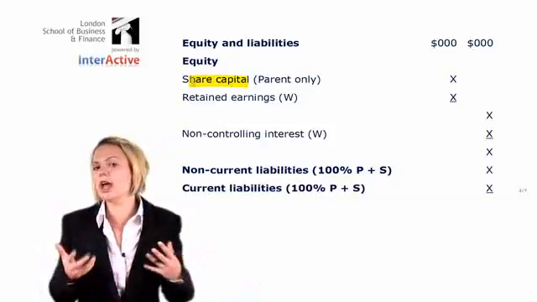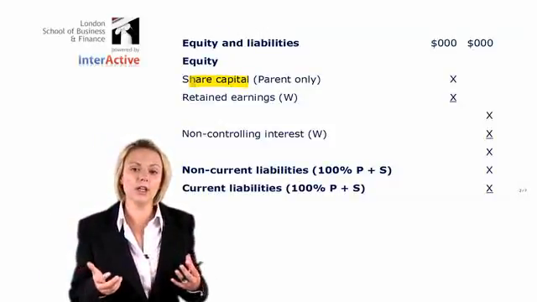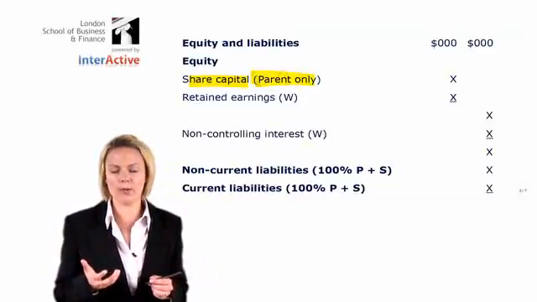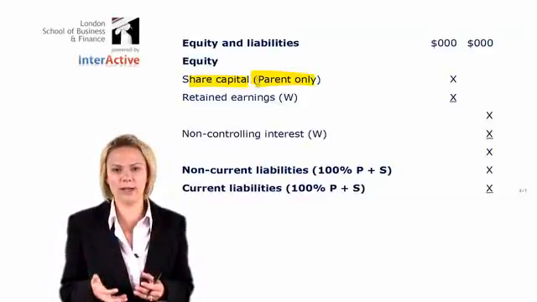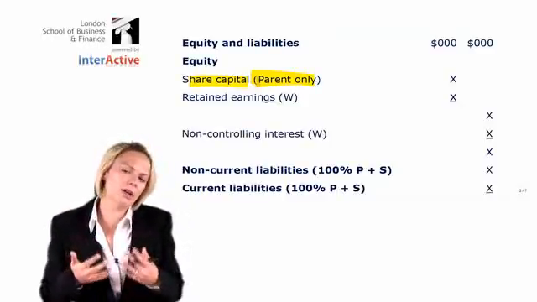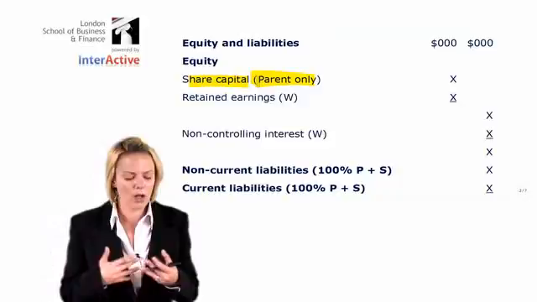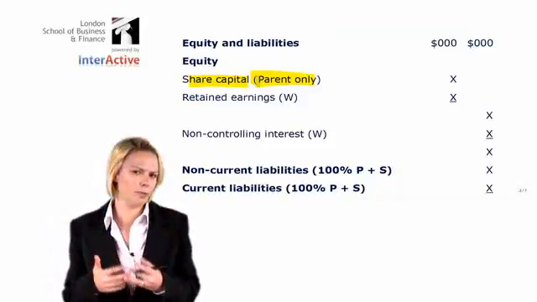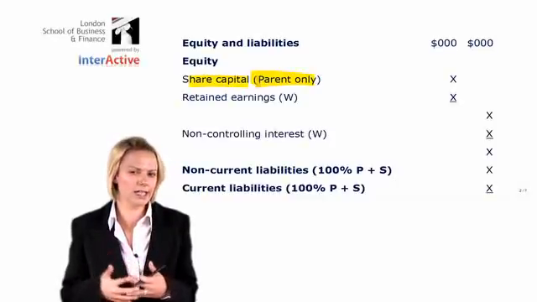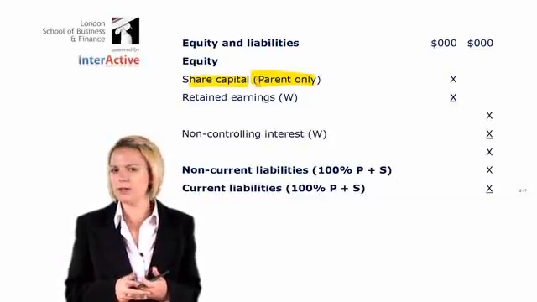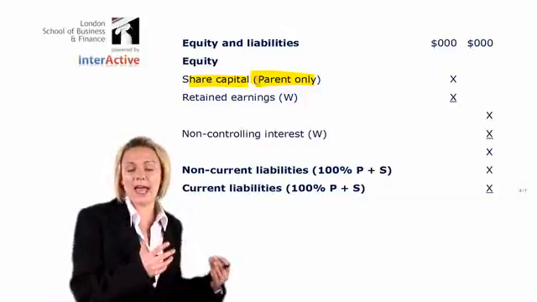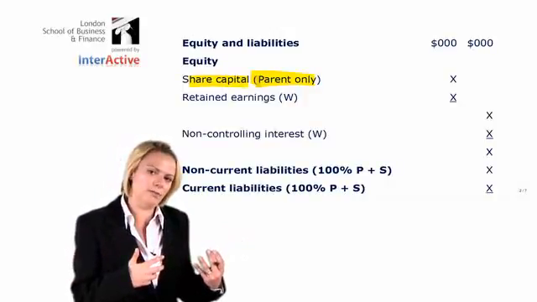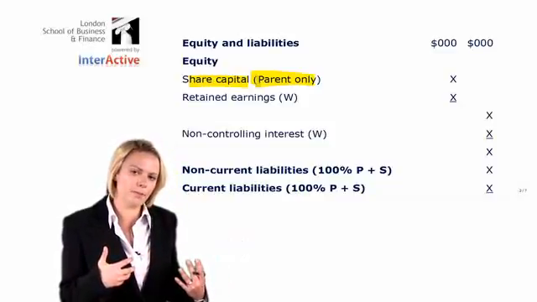Now, share capital and share premium, if it's there, is only going to show the parent's equity, the parent's share capital and share premium. Now, I want you to ask yourselves this at home. Who are you preparing the consolidated statements of financial position for? Who wants that information? Would it be the owners of the parent shareholders, or the owners of the subsidiary shareholders?